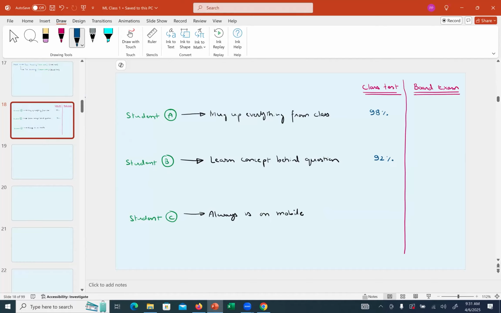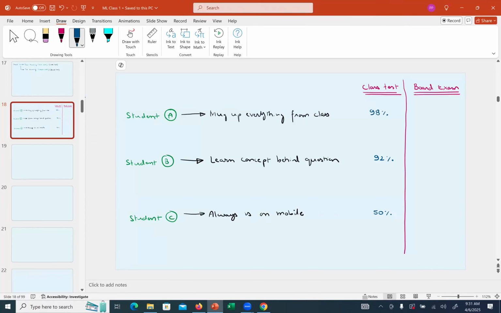And student C, because he or she is not attentive in the class, might score, let's say, 50%. When I say class test, these are the questions which are already covered in the class. So that's why student A is able to perform very well on those questions.